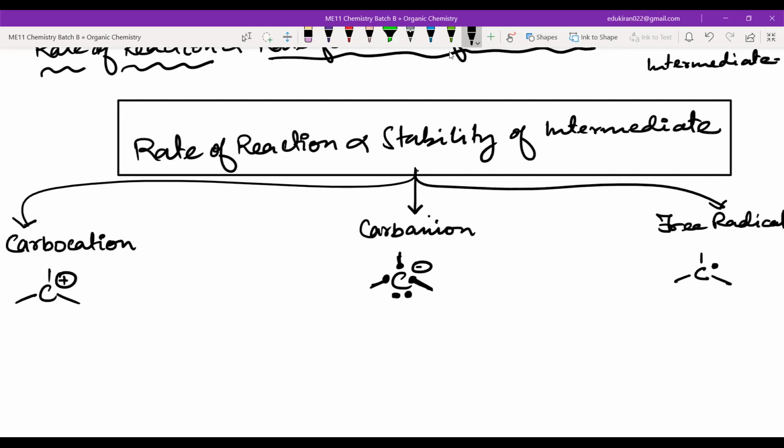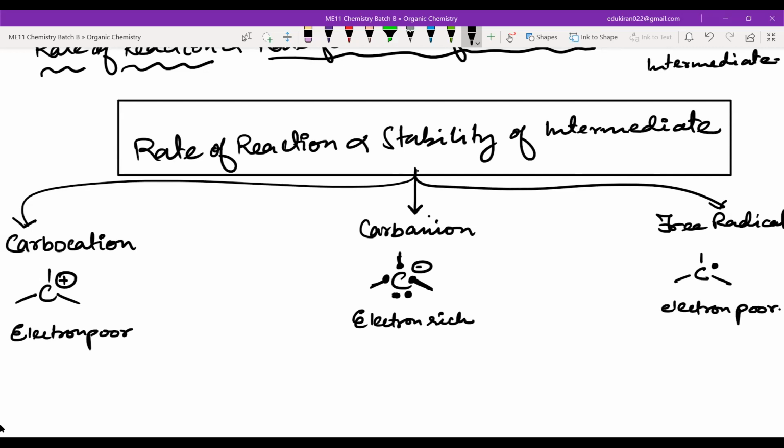All of these intermediates are unstable. This is electron poor, right? This is electron rich, and this is free radical, which is electron poor.